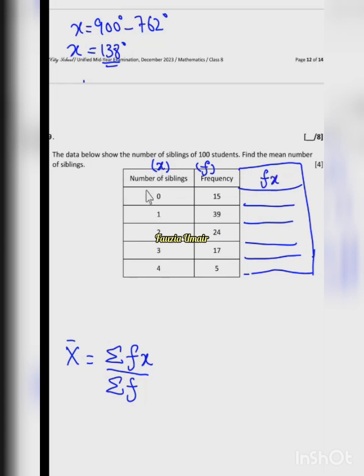Because in some question once we did, it was like a range of numbers, between this to this. But this is just one number there. Very right. So we will not find the mid value because x is already one number.